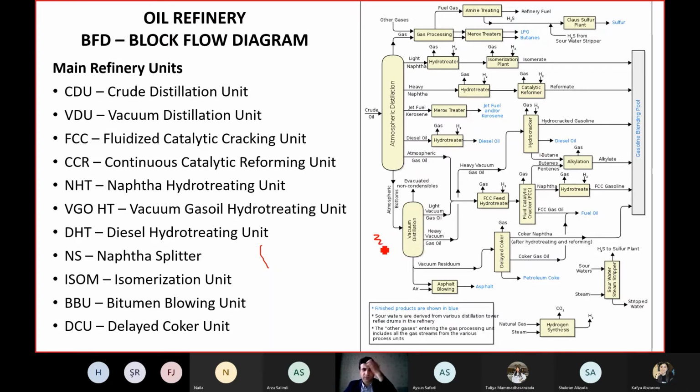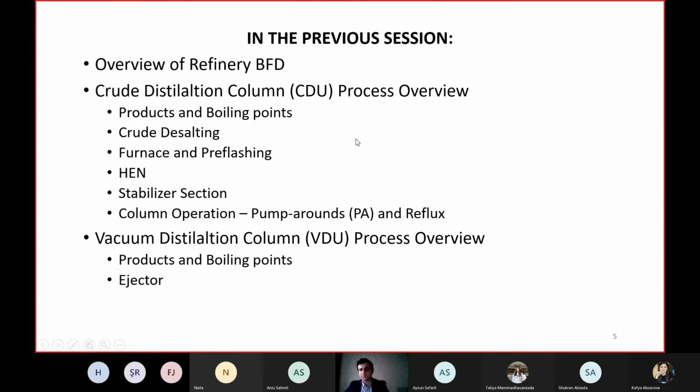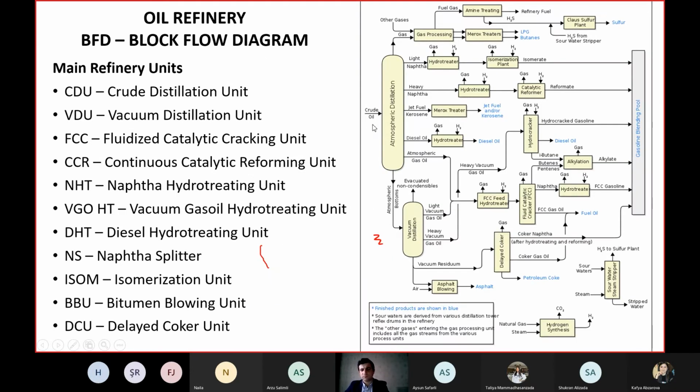Okay, now it's working. We have crude oil which comes to the CDU unit. The CDU unit was the topic of the last session. Then from CDU, we produce the main products: gas, naphtha, kerosene, diesel oil, and atmospheric gas oil.